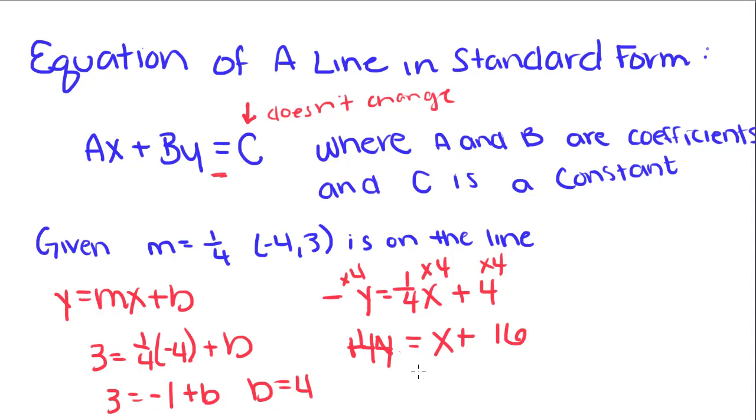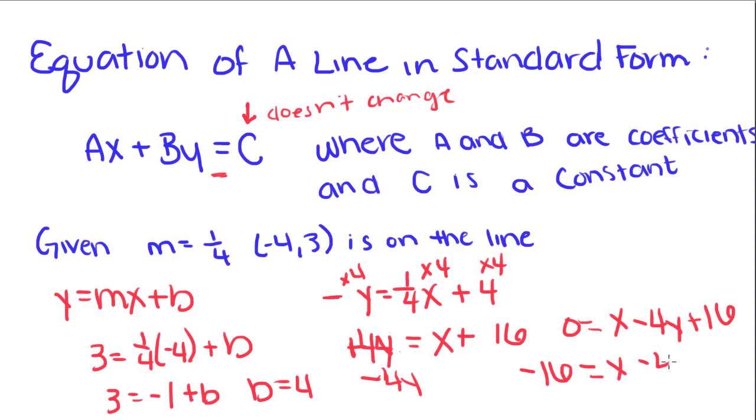Then we're going to subtract the 4y over, so we get 0 is equal to x minus 4y plus 16. We're almost there, but to get there all the way we have to subtract this 16 over and get negative 16 is equal to x minus 4y. And that is your line in standard form. I'm sorry, not slope-intercept form.